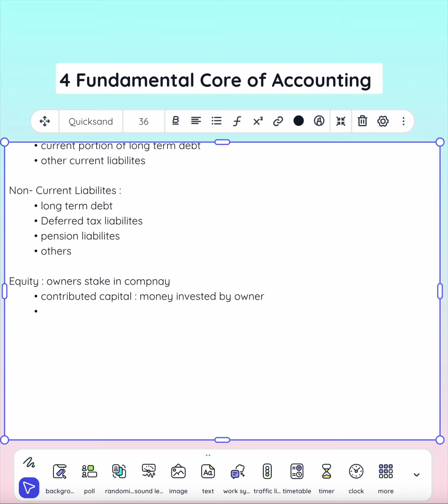Then you have common stock, and preferred stock, a type of stock that may have certain preferences over common stock. Additional paid-in capital is the amount of money received from investors over the par value of the stock. Then you have retained earnings, the accumulated profits of the company that have not been distributed.